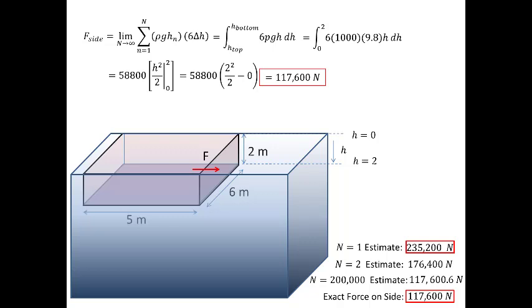We got 235,200. Then we divided it into two different sections, got a little bit better estimate, a little bit less of an overestimate. Then we put it into a summation formula and divided it into 200,000, and we started getting closer to our exact value, which we finally calculated using calculus at 117,600 newtons.